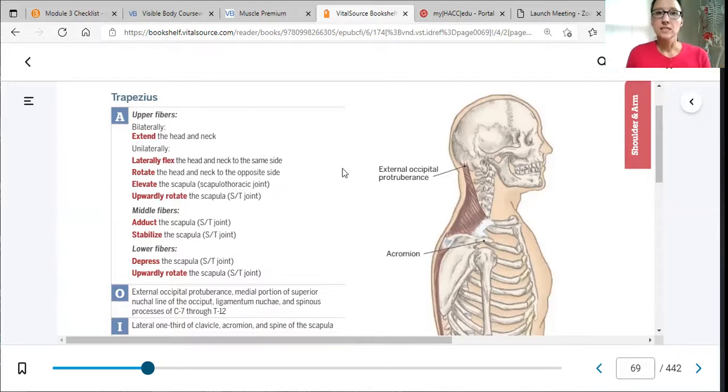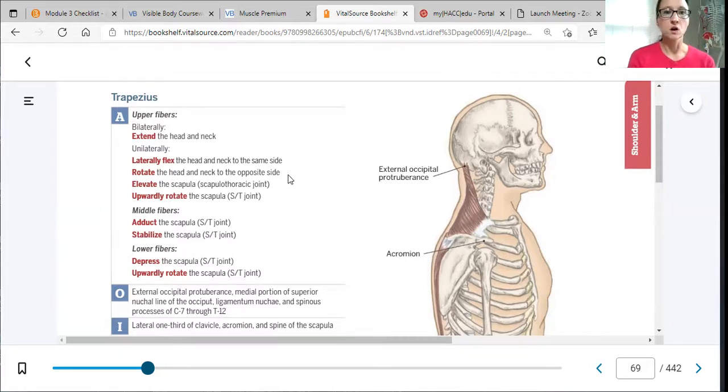Okay, now rotation of the head and neck to the opposite side. Ooh, this is where things get a little confusing. If this side of the upper traps contracts, so this is my right side, it rotates the head to the left. Do you see? So if this side contracts, it rotates the head and neck to the opposite side.